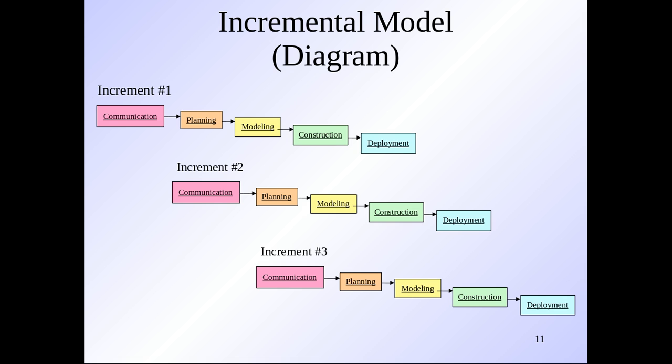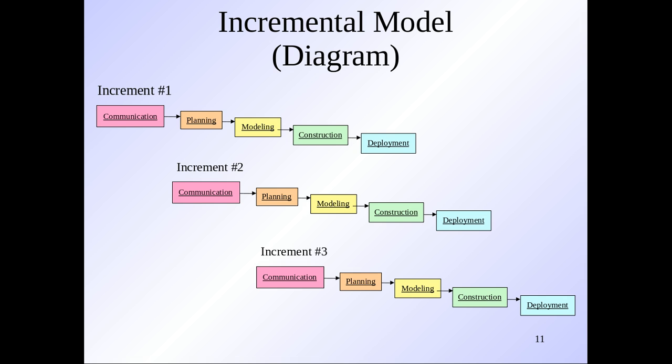In modeling, it is categorized into business modeling, data modeling, and process modeling. In business modeling, the information flow among the different functions is considered. In data modeling, it includes the different data objects that will be used in the software. And during process modeling, the process descriptions are created, for example add, modify, delete.